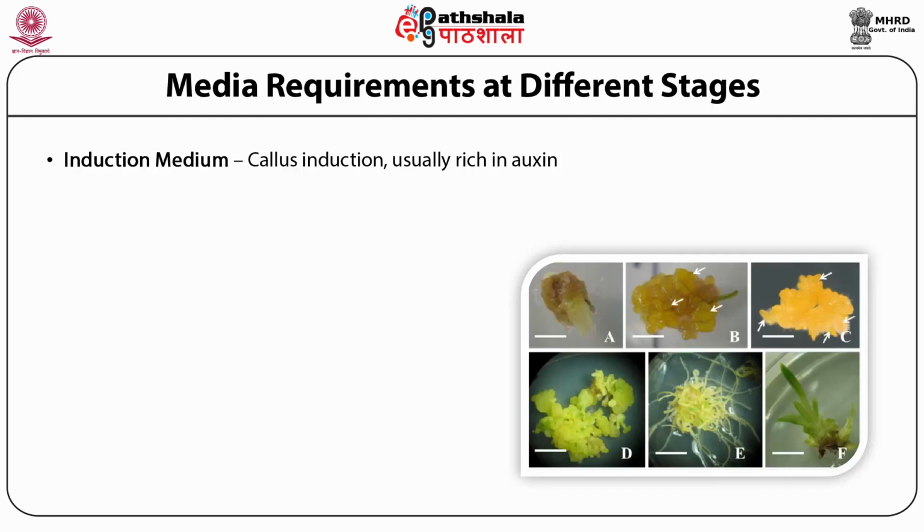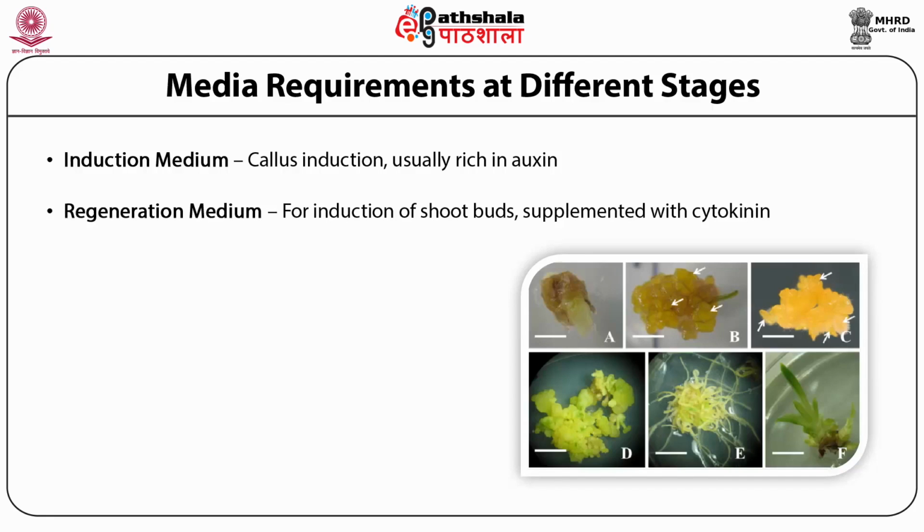It's not that every callus piece has to be transferred; you can carry out this activity simultaneously. When you are identifying conditions, part of the callus is transferred to the so-called regeneration media. Usually this is rich in cytokinin. It can be with auxin or without auxin. On this media, you get a large number of shoot buds.